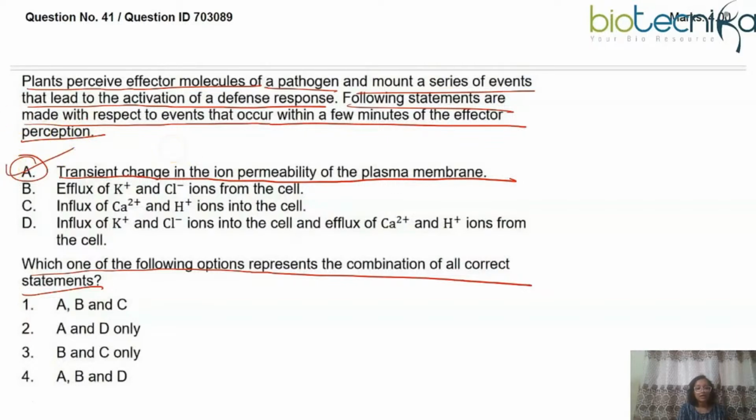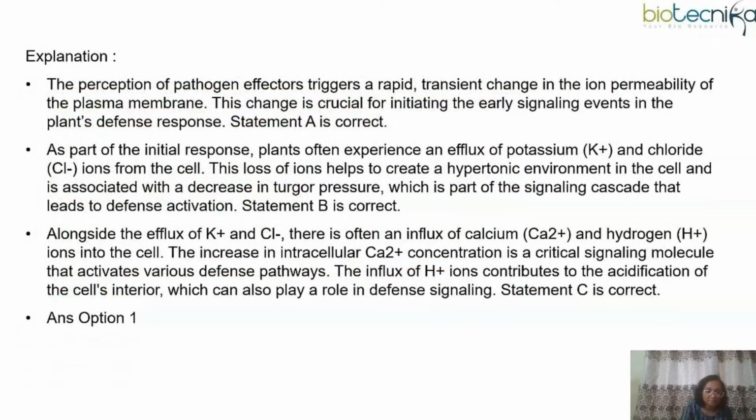There is a gradual change in the permeability of the plasma membrane. So now it will allow passages of certain solutes and ions that it was not allowing earlier under normal conditions. So yes, A happens. B, efflux of potassium and chloride ions from the cell. Yes, this also happens.